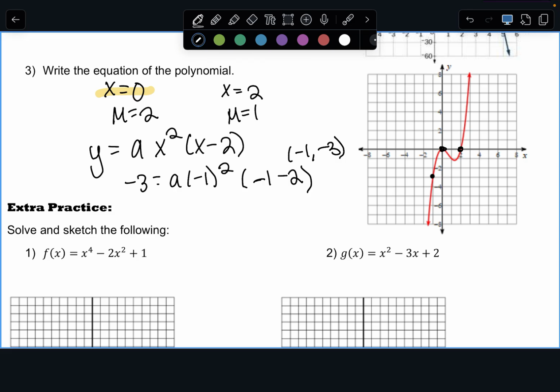On the right, if we multiply this, what do we get? -1 squared is +1. This gets me -3. So -3 is equal to -3a. We divide by -3, and we get 1.